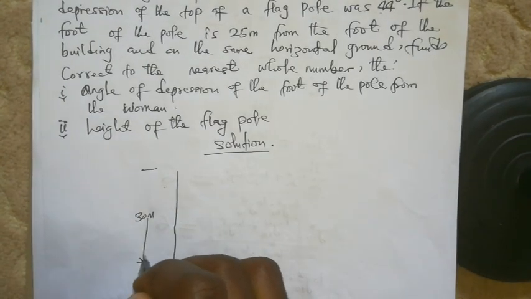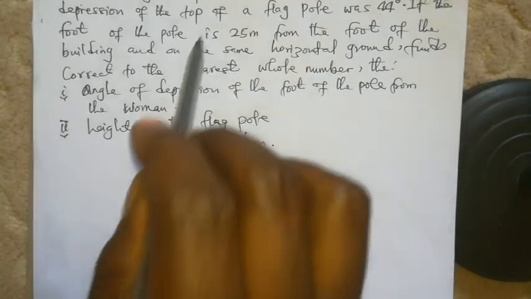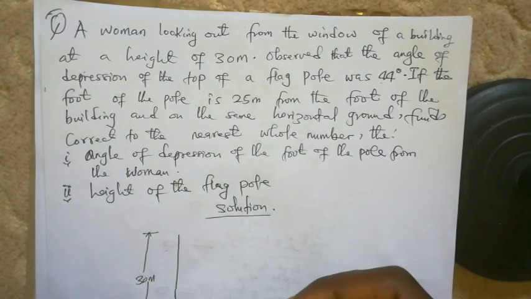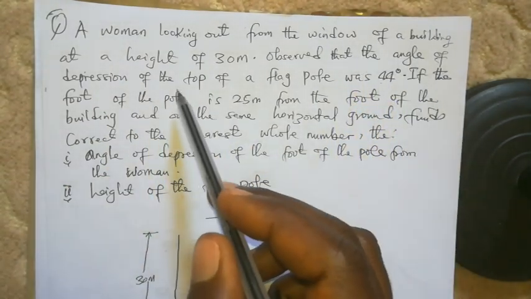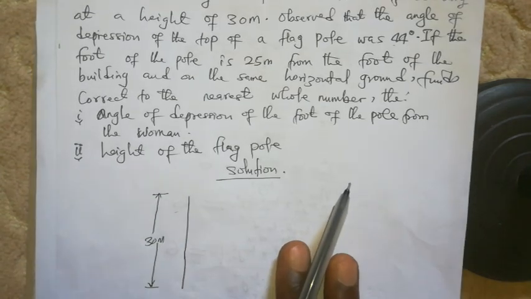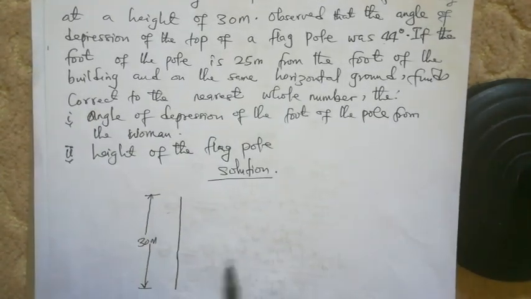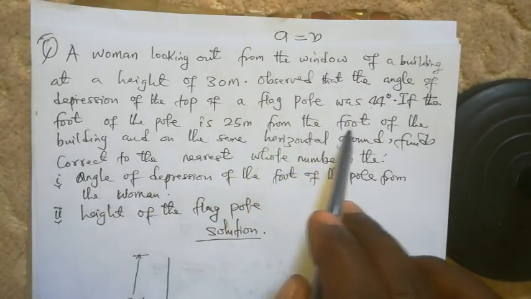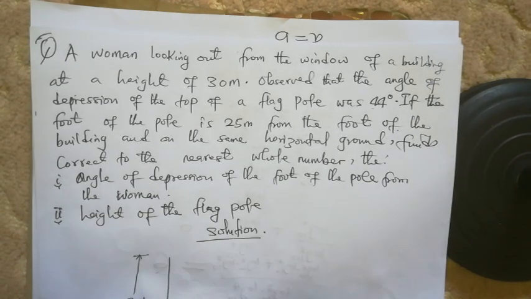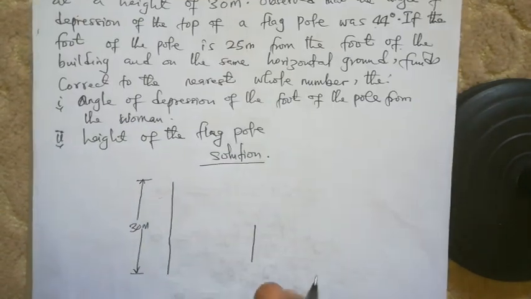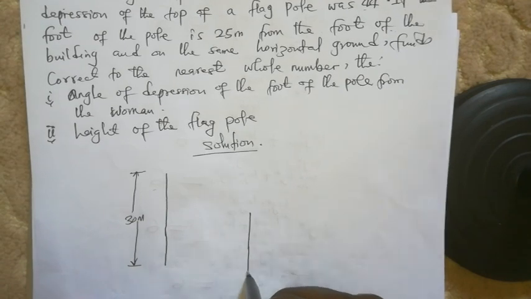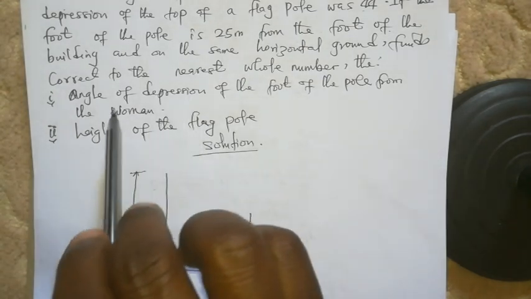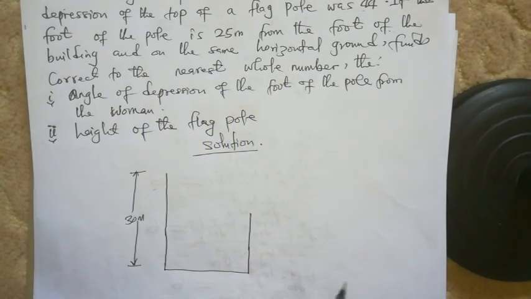Looking out from the window of a building at a height of 30 meters, observe that the angle of depression of the top of a flagpole was 44 degrees. Then they said if the foot of the pole is 25 meters from the foot of the building. So assuming this is the flagpole, they are on the same horizontal ground.